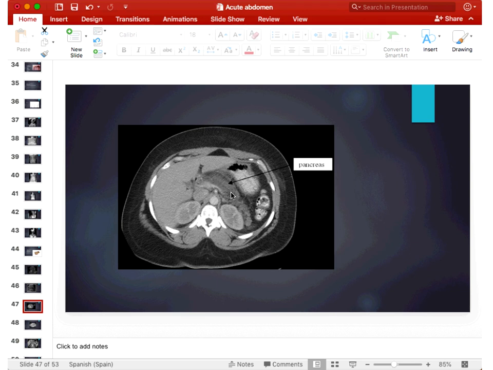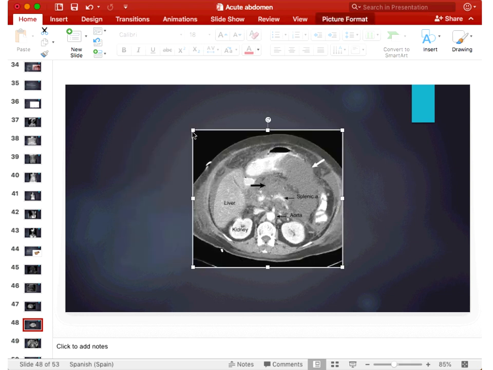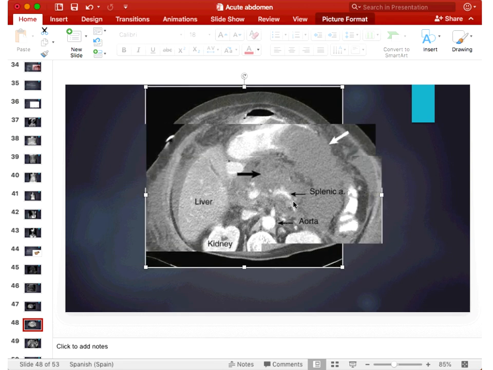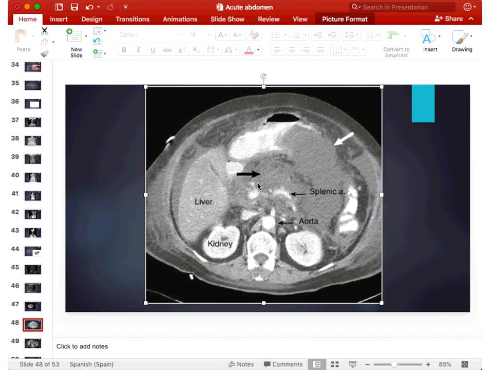As you can see here, the head, the body, the tail over here, and this is a very ill pancreas. As you can tell, this is a contrasted study. You see the splenic artery and all of the fat around the pancreas. It is blurred.